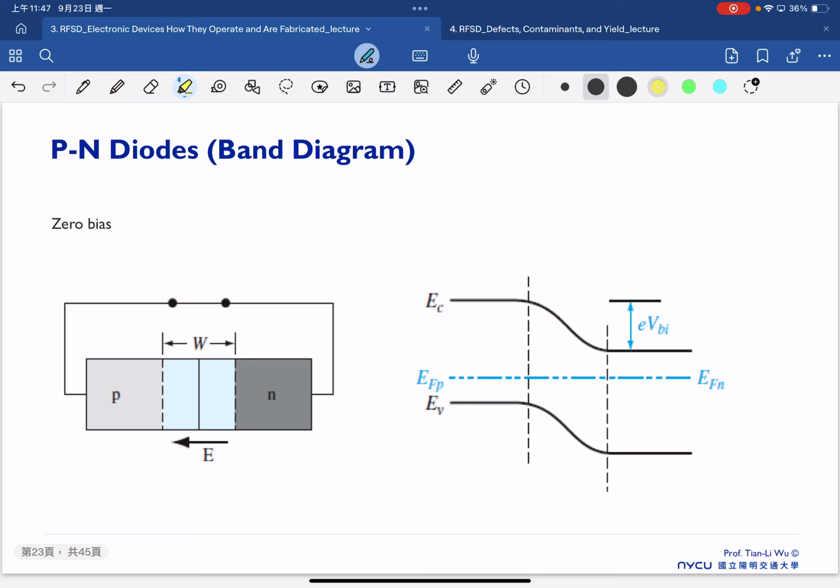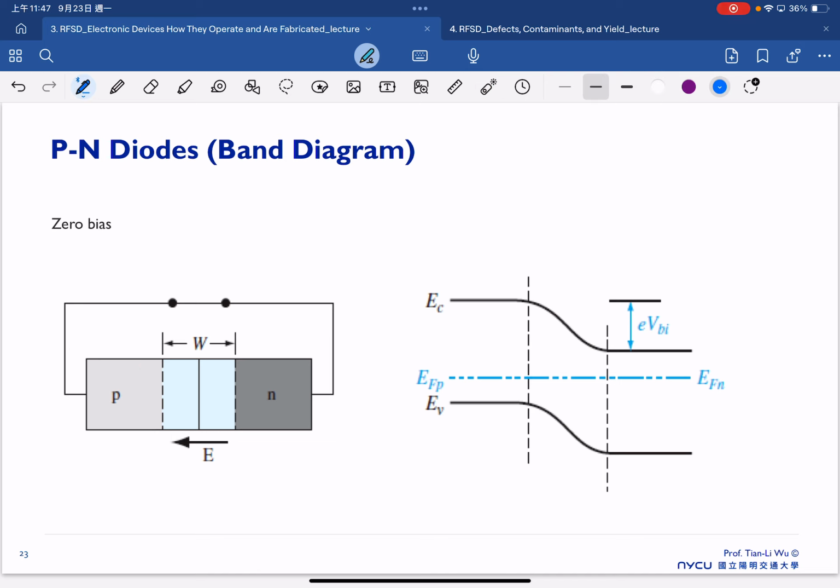This phenomenon can also be understood perfectly by using the band diagram, because as we know, the band diagram is a very useful tool. We'll try our best to use the band diagram everywhere. By using the band diagram, we don't have to draw the very complicated schematic like I drew before. So considering the band diagram, the left-hand side is a p-type material.